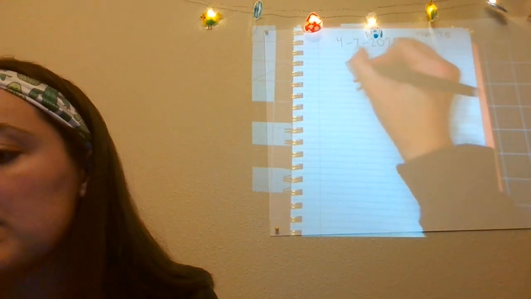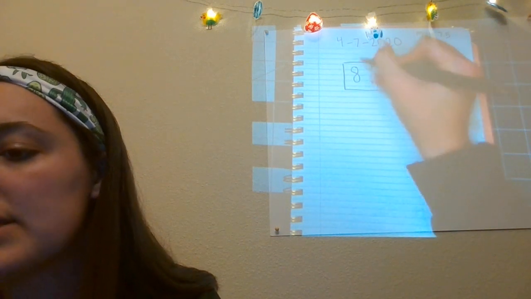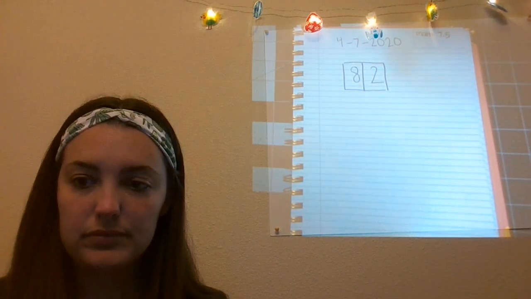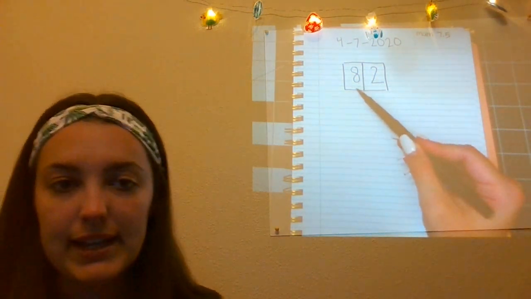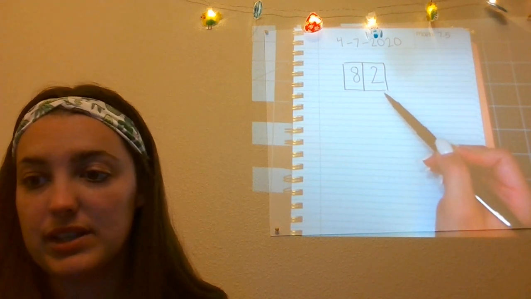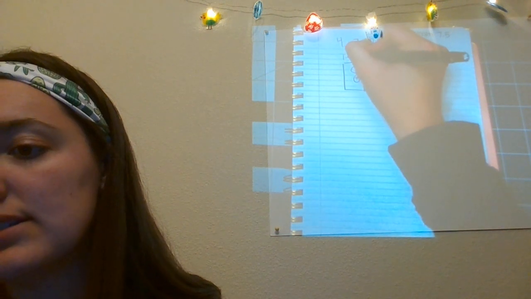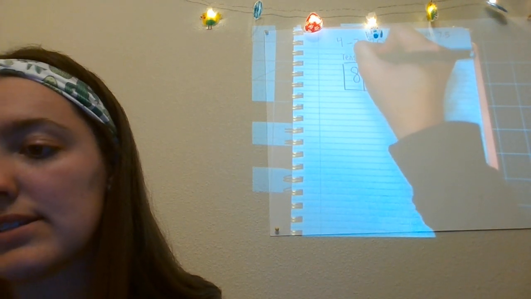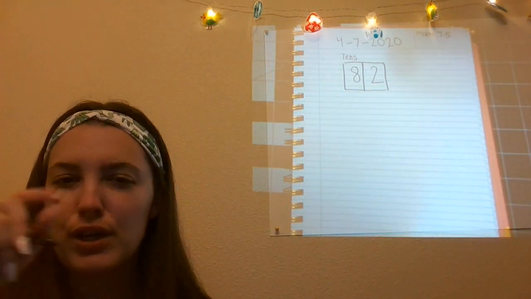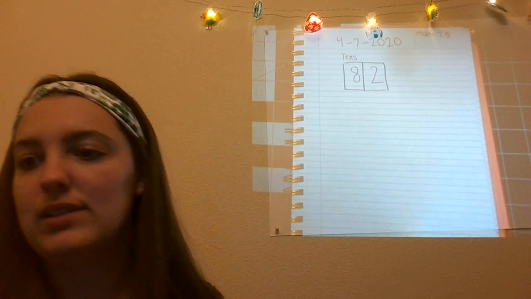And I'm going to put a box around that number. I'm going to separate my 8 and my 2 in 82. So the 8 in 82 represents a number and the 2 in 82 represents a number. My 8 is my tens place, T-E-N-S. Does anyone remember what the other place is called? We have tens and ones.